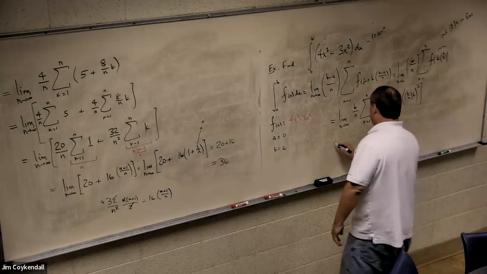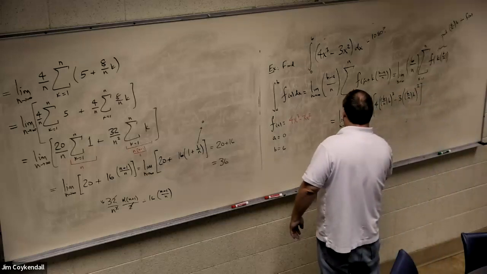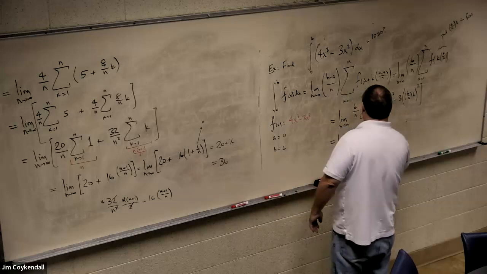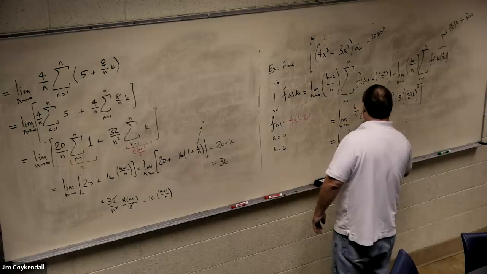Let's see. So this is the limit as n goes to infinity of 6 over n sum.